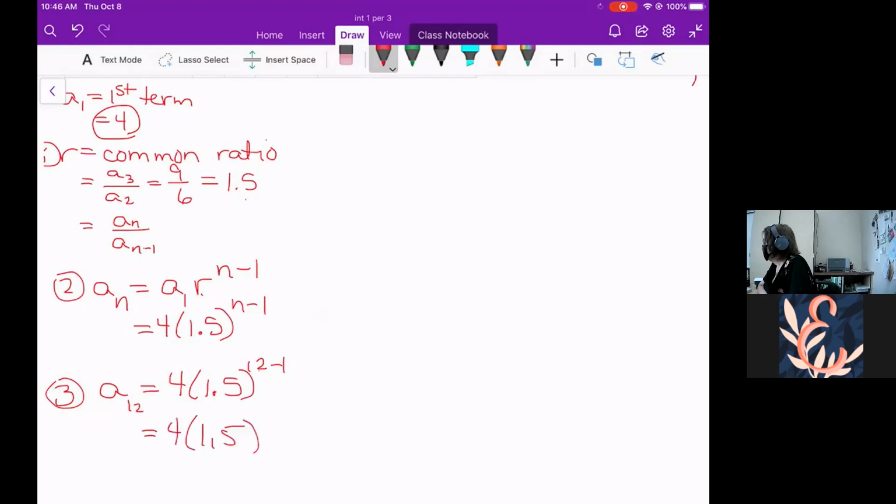And 12 minus 1 is what? 11. This button right here, where it has an X and a Y, is the one you need. You're going to press that button, 11, equals. And you just go out a couple decimals, it's fine. You're not going to go all the way.